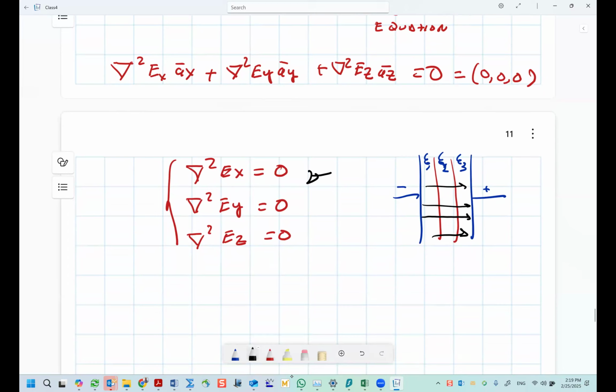You may even have that this becomes, for a case like this, the second derivative with respect to x, assuming that this will be x, everything is symmetric, of Ex, which is a function of x, equals 0.